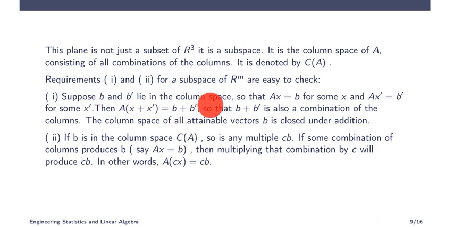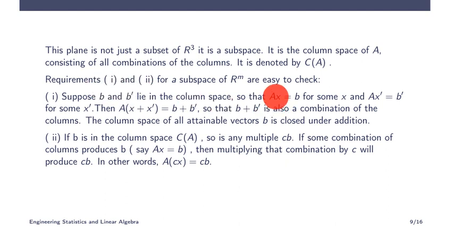Now what we have to prove? b plus b' also remains in the column space. That means b plus b' should be a result of Ax, or you should be able to write A times something equal to b plus b'. Then it is a column space, right?